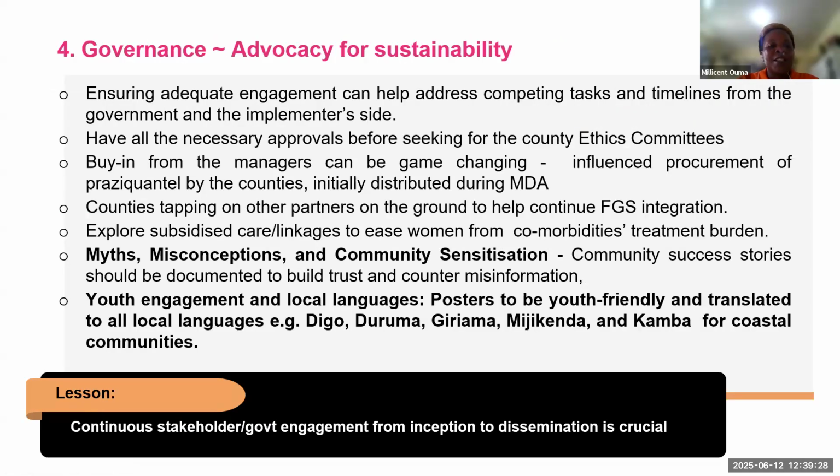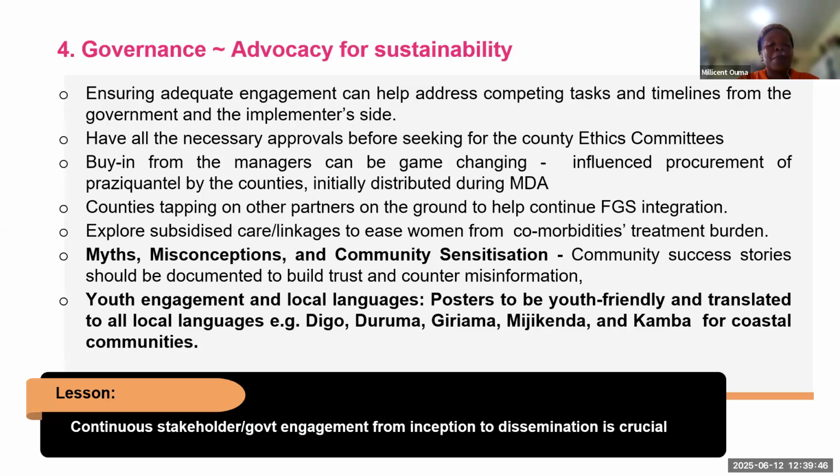Yeah, so what we learned as a team is that this needs to have adequate engagement with the stakeholders on the ground, and that includes the county teams, and that's why we started with that top-down approach.